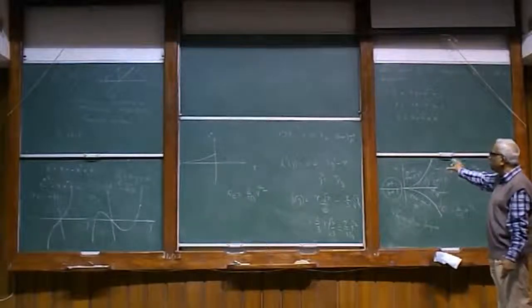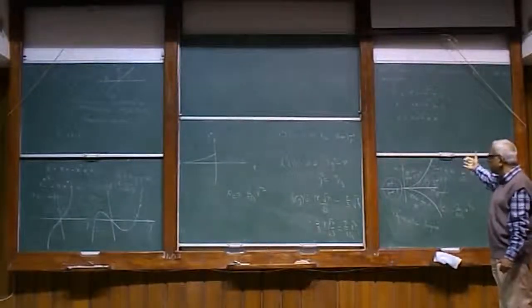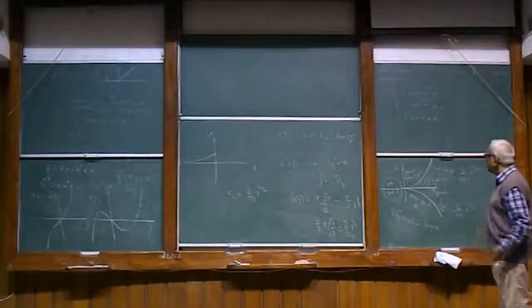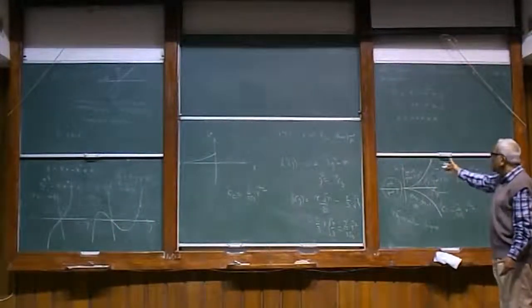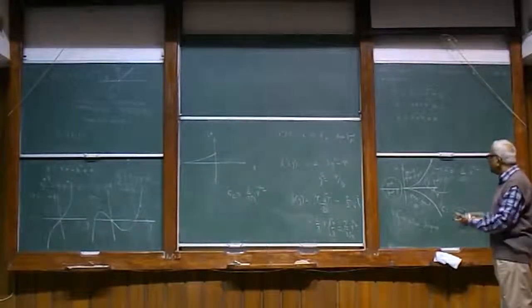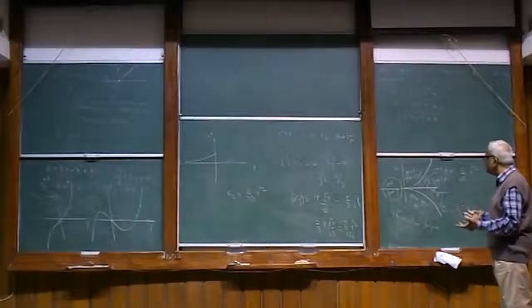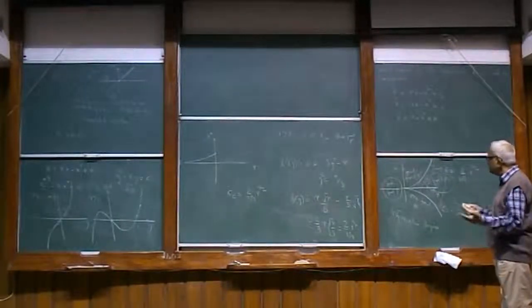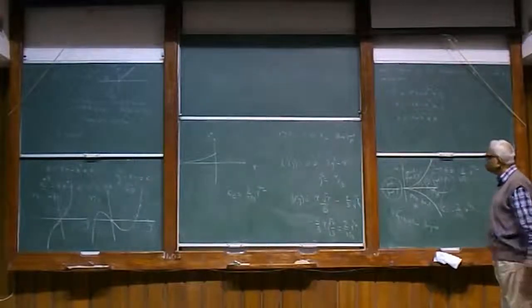So over here I have two controls, epsilon and r. The control parameters define a plane, and in this plane I have these different regions: essentially two regions, three fixed points and one fixed point.